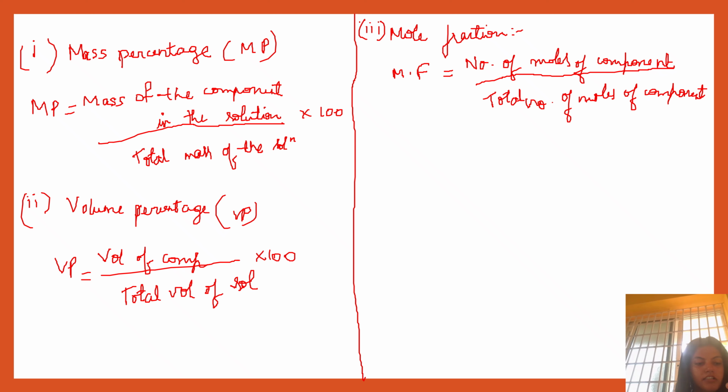In the textbook, there's one question: calculate the mole fraction of ethylene glycol, that is C2H6O2, in a solution containing 20% of C2H6O2 by mass. How will you find out? Here they have given the solution as: assume that we have 100 gram of solution.